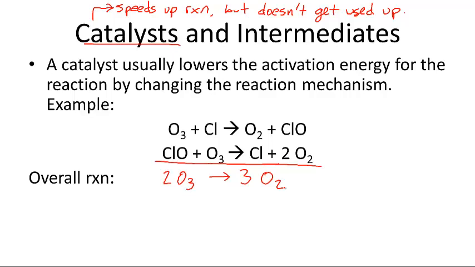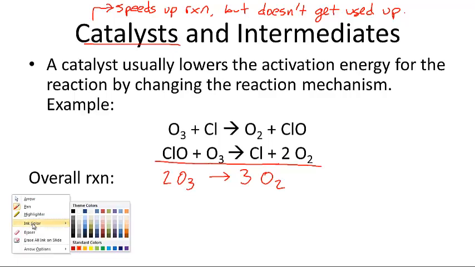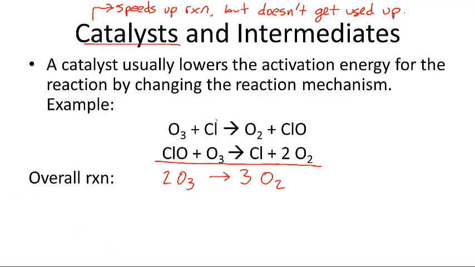So in this mechanism, chlorine here is acting as what we call a catalyst. ClO would be what we would call an intermediate. One way to recognize a catalyst in a reaction is it's going to be there at the beginning and there at the end, but not in the middle.